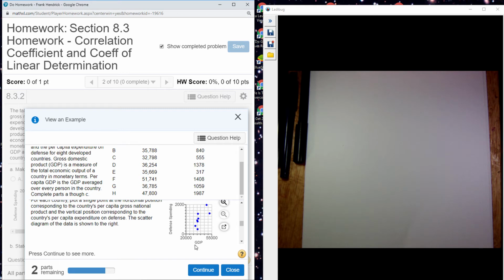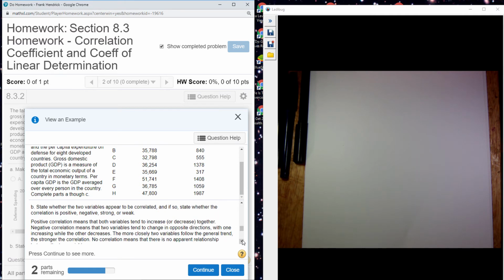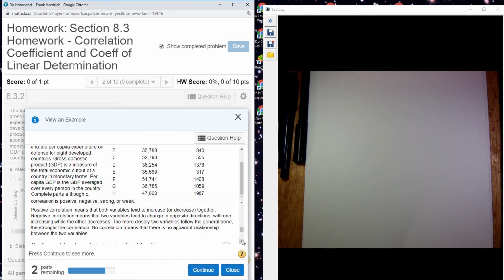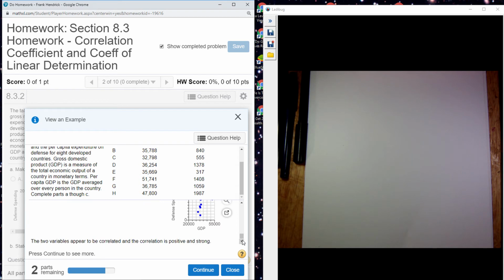So you have a kind of slight linear relationship here. So it appears we have a strong positive relationship here.